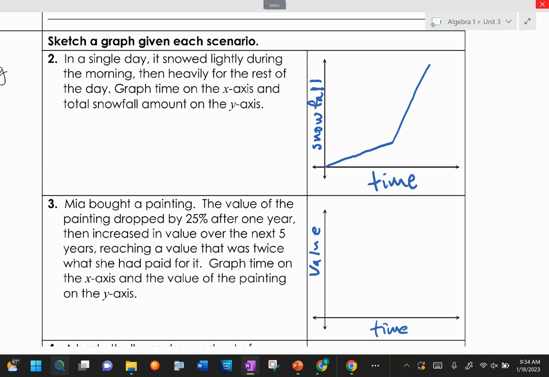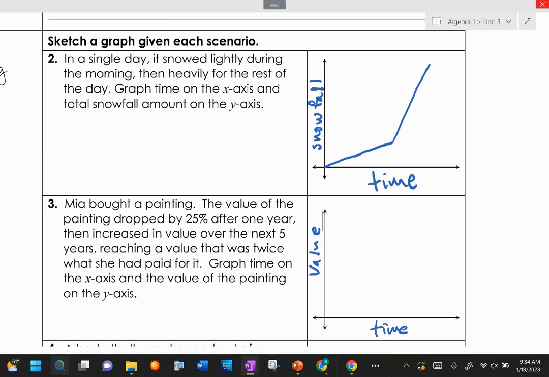Does it have to start from the origin? No. Great question. It does not have to start from the origin. It could, just like this one did, but on maybe the next graph, maybe that wouldn't make sense for it to start at the origin.